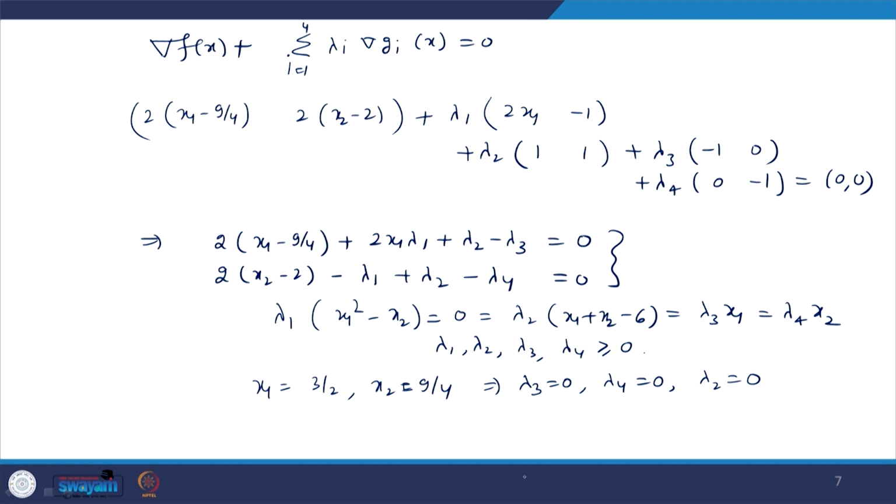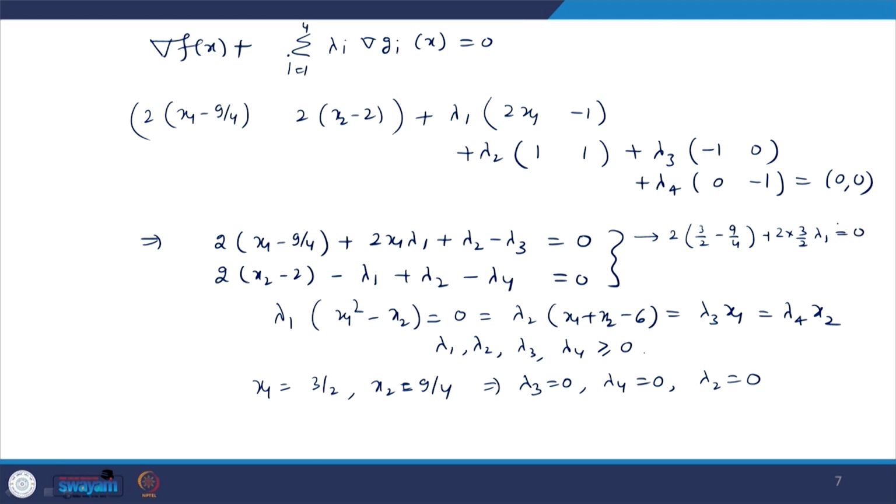Now, lambda 3 is 0, lambda 2 is 0 and x1 is 3/2. So, from here you can calculate lambda 1. What will be lambda 1 from this condition? It is 2 into 3/2 minus 9/4 minus 2 into 3/2 plus 2 into 3/2 into lambda 1. These two are 0, which is equal to 0.